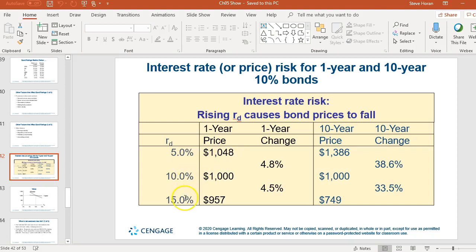If interest rates go up by 15%, the bond price only falls by $43. Because it's just a 1 year. But that same situation under a 10-year, look at how dramatically the bond prices change. So there's risk in interest rates changing on long-term bonds affecting the value of my bonds.